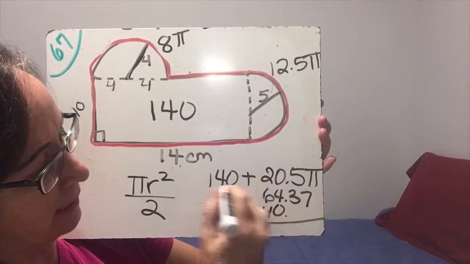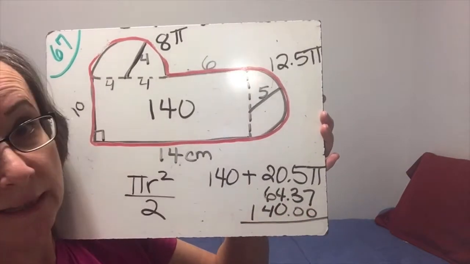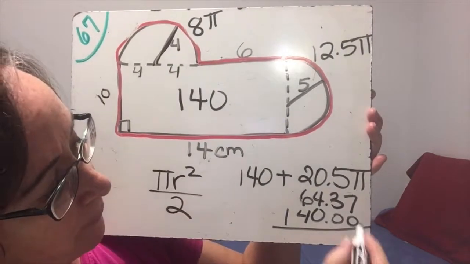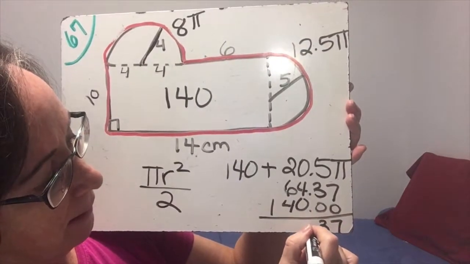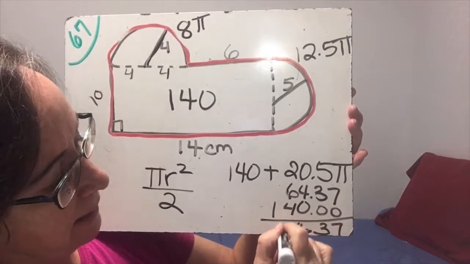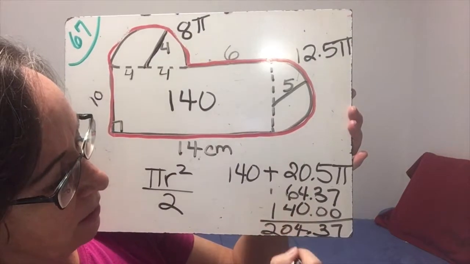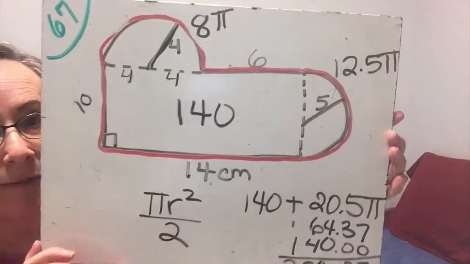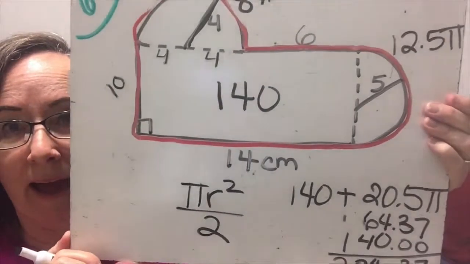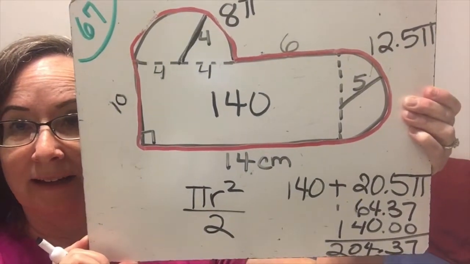Remember to line up your decimals. You can stick a 0, 0 if that helps. And then we end up with 204.37. And there you have the area.